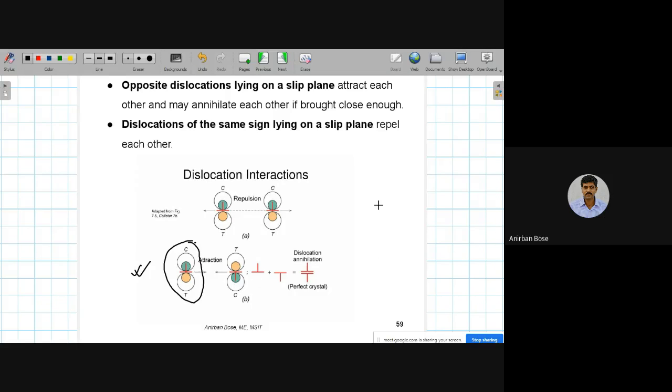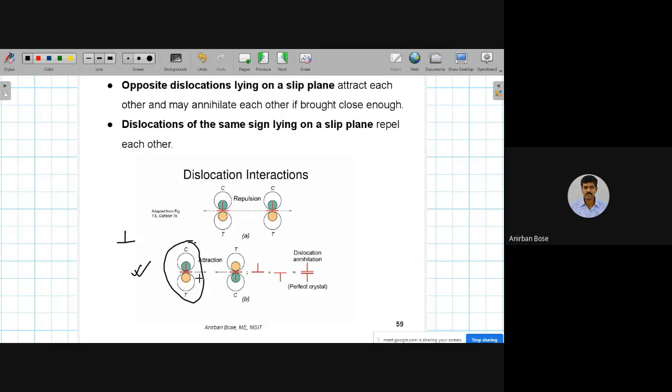As you can see from the symbol, it is a positive edge dislocation. In a positive edge dislocation, the top part, shown in green, is under compression, whereas the yellow part is under tension.